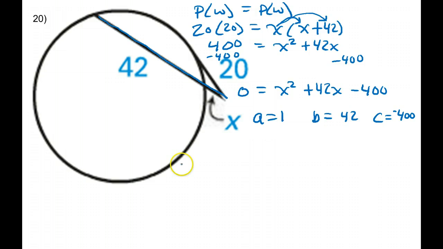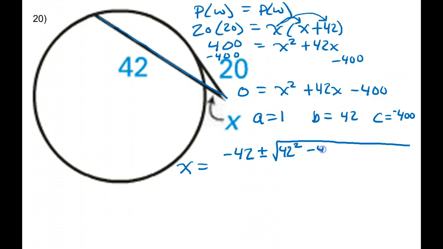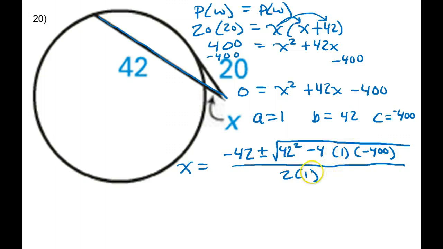So in your calculator, you're going to put the following. Negative 42, because that's opposite of b, plus or minus the square root of 42 squared minus 4 times 1 times negative 400. Do not leave off the negative sign. All over 2 times 1. You don't really need the ones.